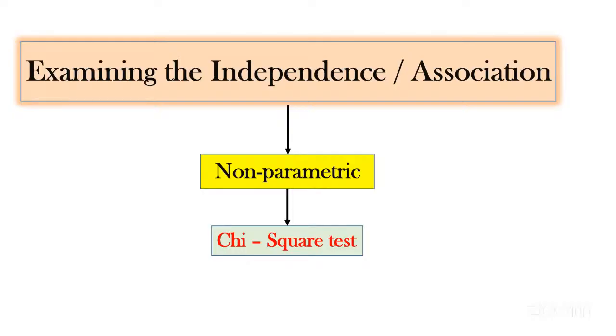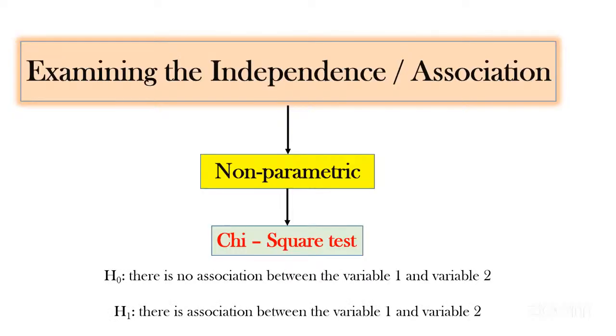To examine the independence or how the data variables are related or associated, we go for the chi-square test. So in t-test and ANOVA, we say the statement as there is no significant difference, but here we say the statement as there is no association or significant association.